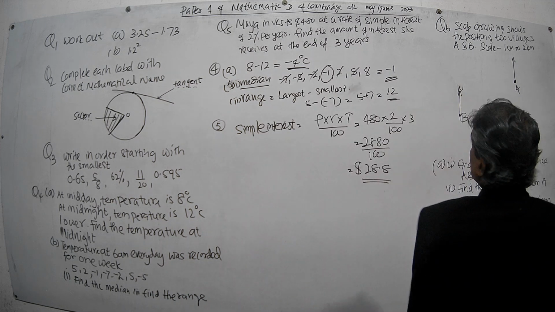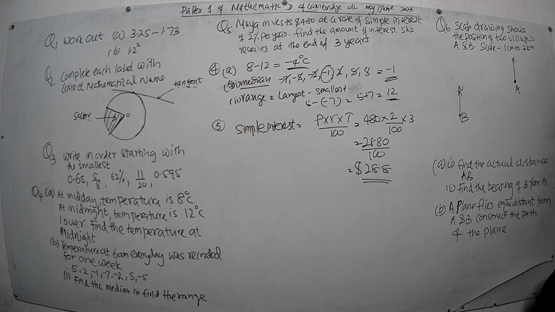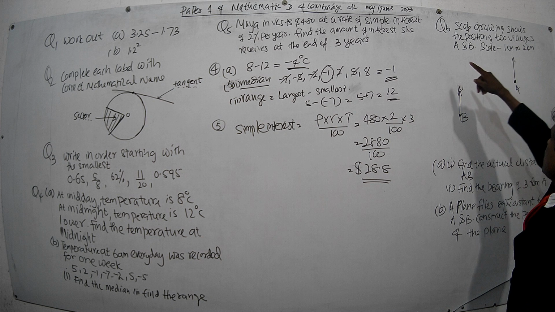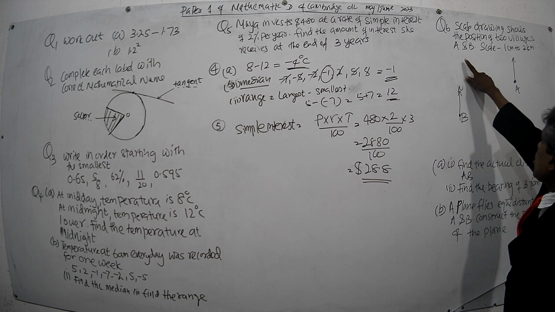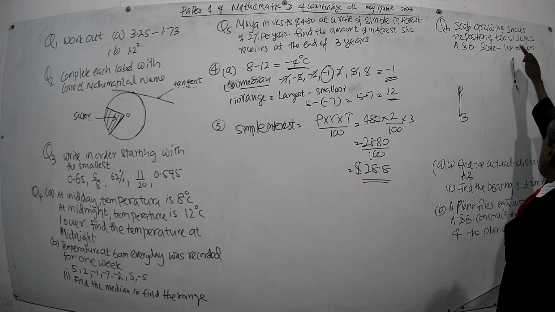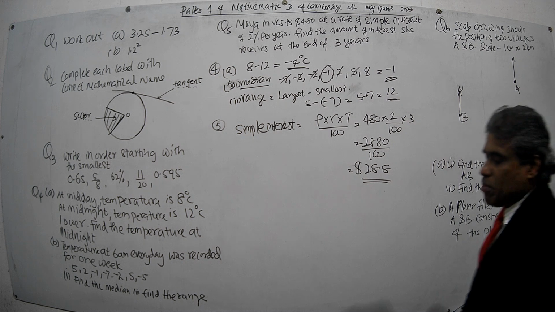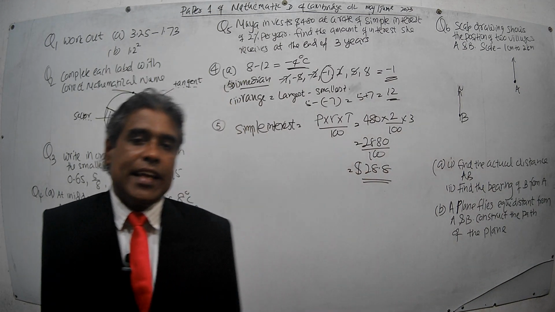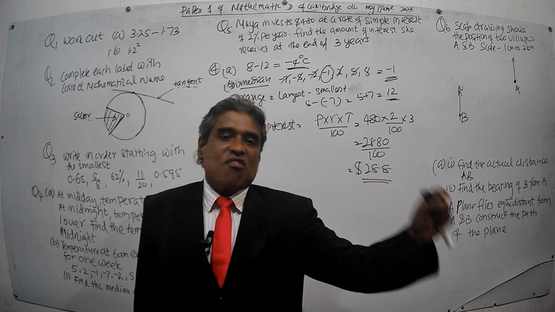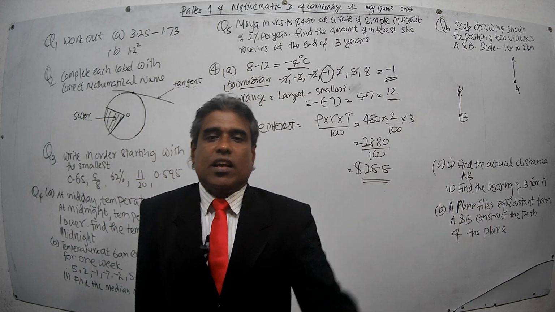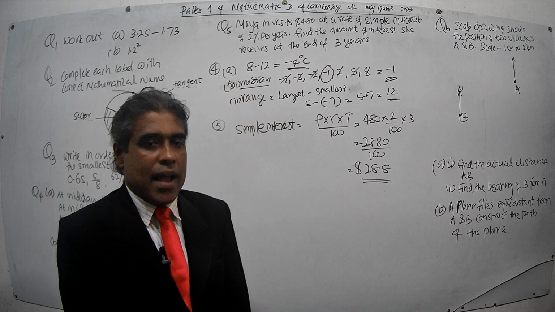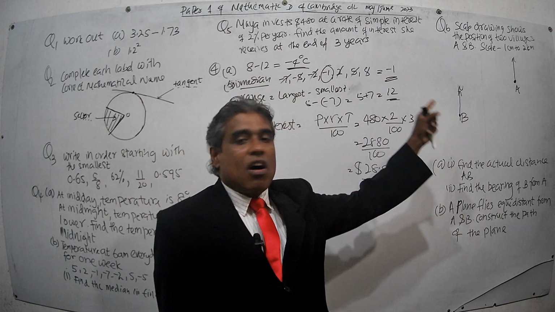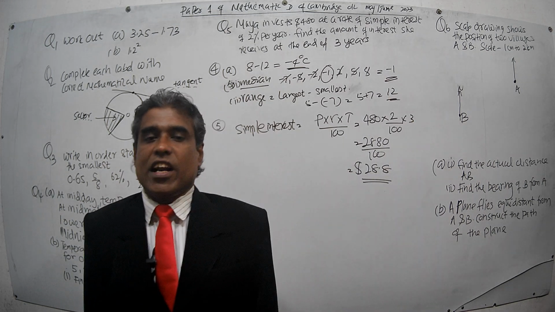Look at the sixth one. They say a scale drawing shows the position of 2 villages A and B. Scale is 1 centimeter to 2 kilometers. What do you mean by scale? 1 centimeter to 2 kilometers. That is, 2 kilometers of actual length is represented by 1 centimeter on the map, on the scale drawing.